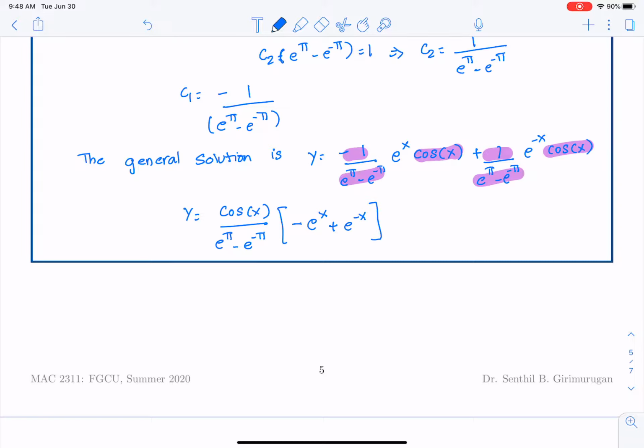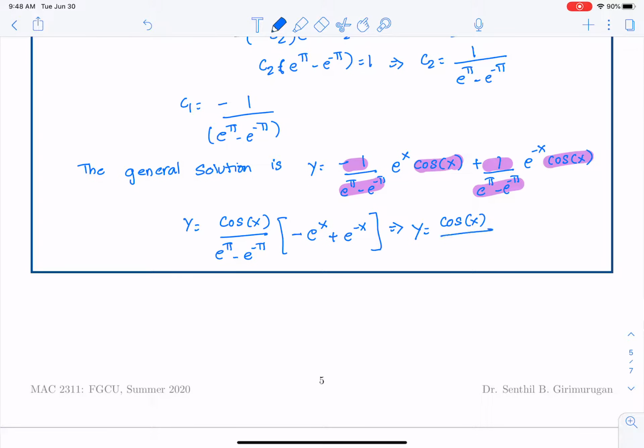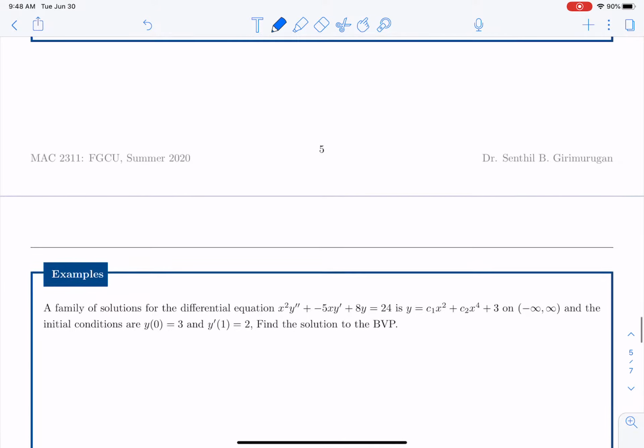I don't like to start things with negative stuff, so cosine x divided by e raised pi minus e raised negative pi multiplied by e raised negative x minus e raised x. Well, I don't want to start with negative things, but whatever.